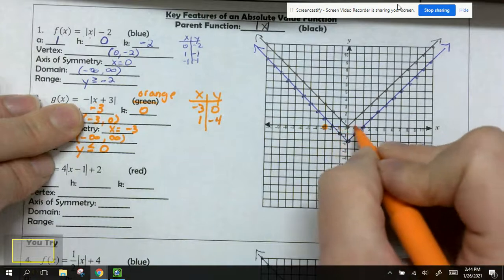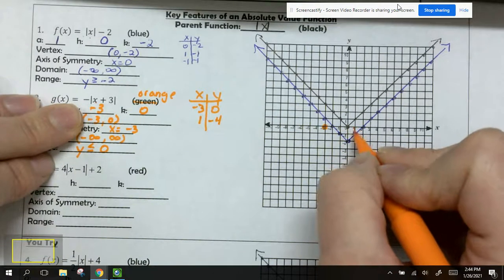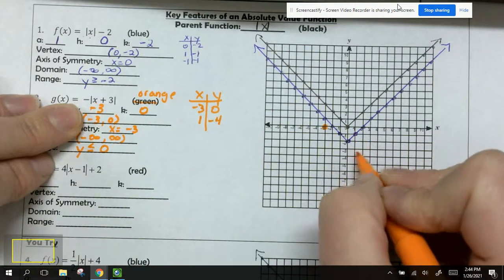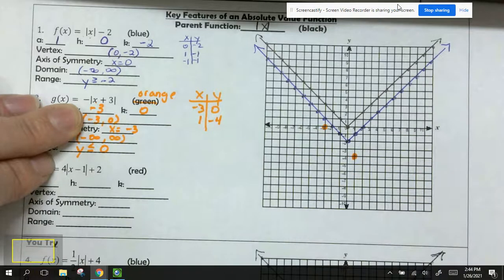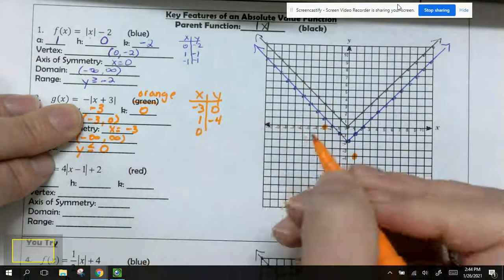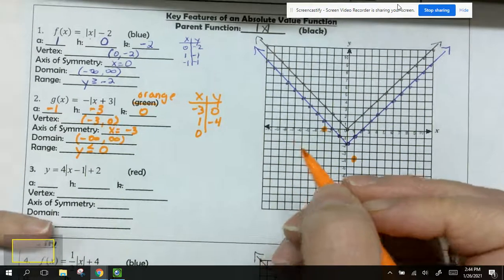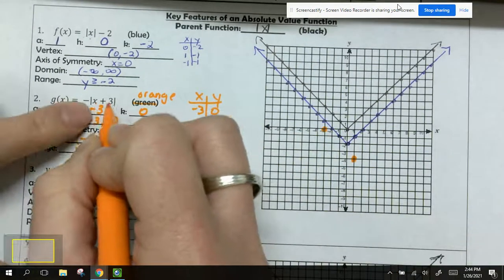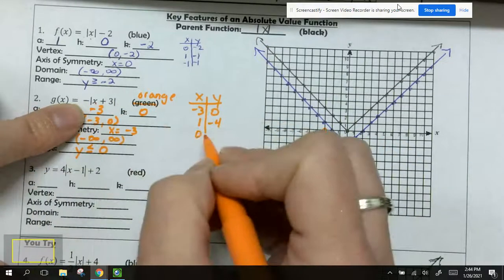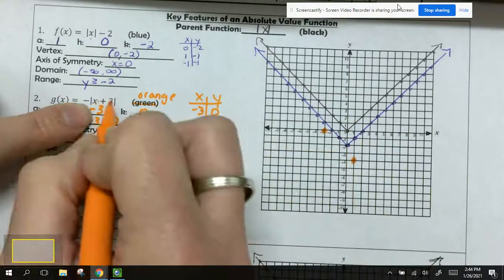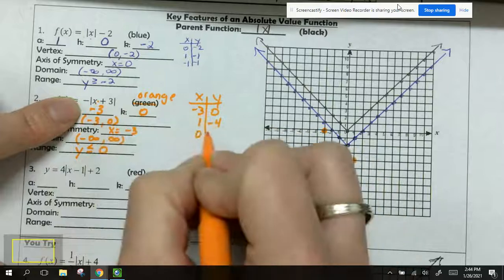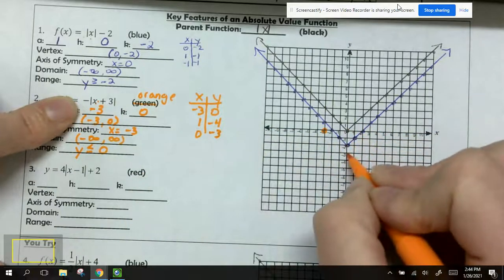So at 1, I'm going to get negative 4. Okay, if I put in 0, 0 plus 3 is 3, and then negative 3, because of that out there. So at 0, we've got negative 3.